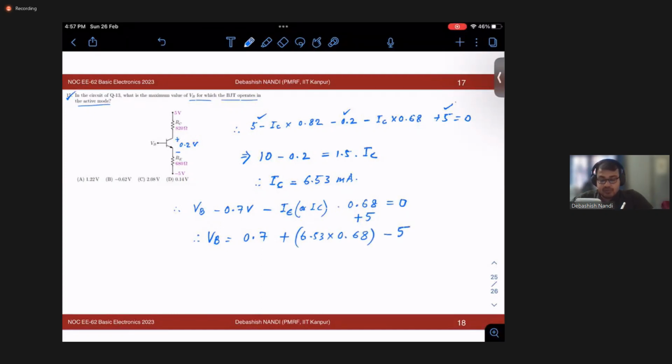So minus 4.3 plus 6.53 into 0.68 becomes 0.1404 volt. So this is your right answer.